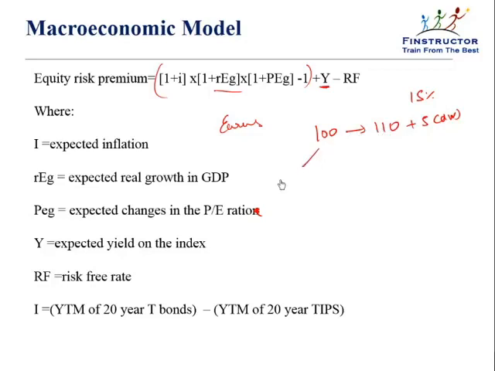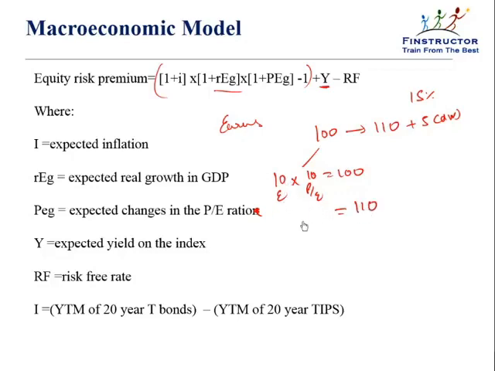Let's say this 10 was an earnings of 10 and a PE multiple of 10 times, giving us a price of $100. If next year for some reason people are valuing the stock at 110, one of two things must have happened.